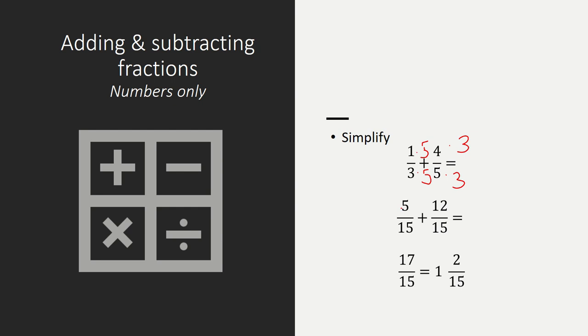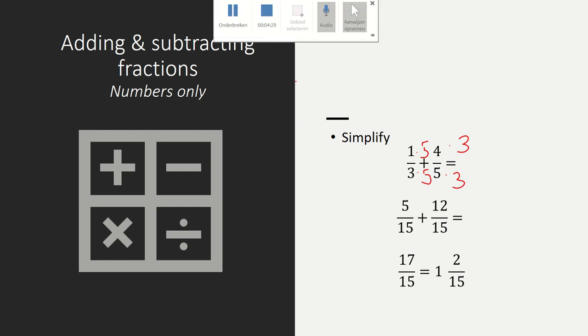If you add the 5 plus 12, you will get 17. So you will get 17/15. But you need to make this smaller again, because you need to simplify everything as far as possible. So you will get 1 and 2/15.